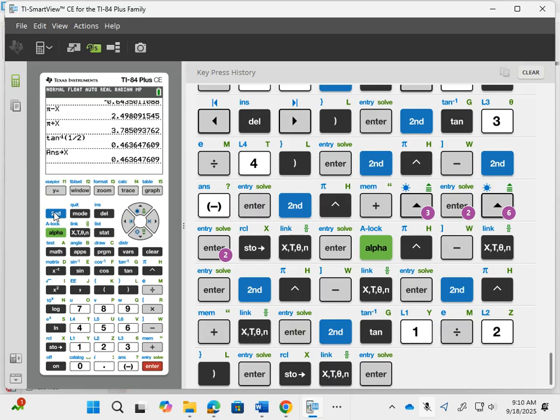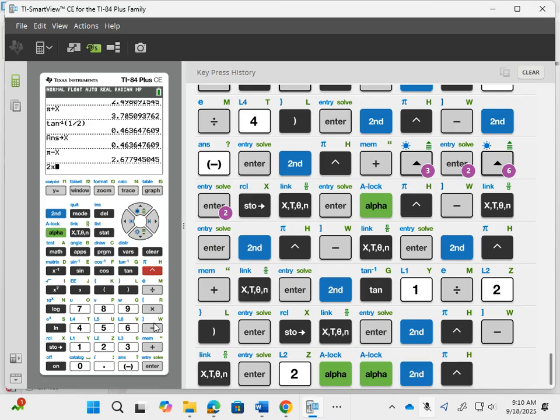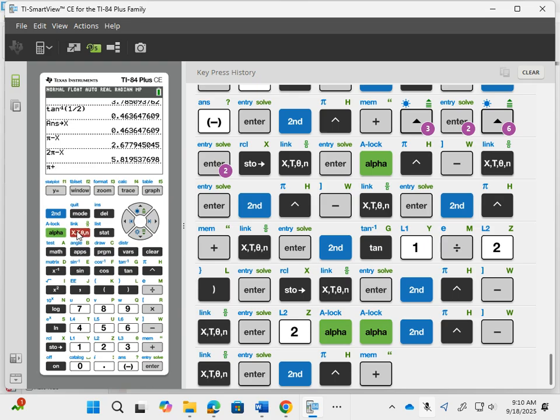My answer in quadrant 2 would be pi minus my reference angle. In quadrant 4, 2 pi minus my reference angle. The negative one was pi plus my reference angle and make that negative, and then I would have negative my reference angle. So I've done all the calculations here.